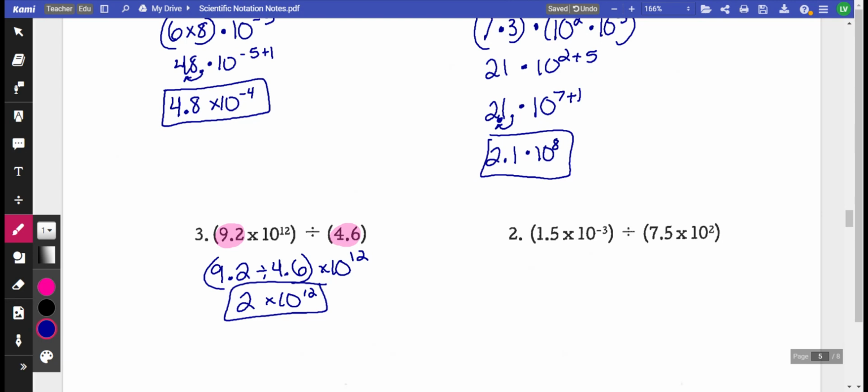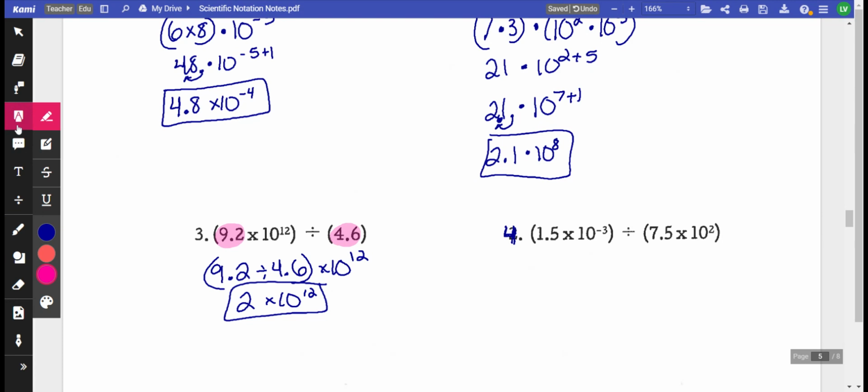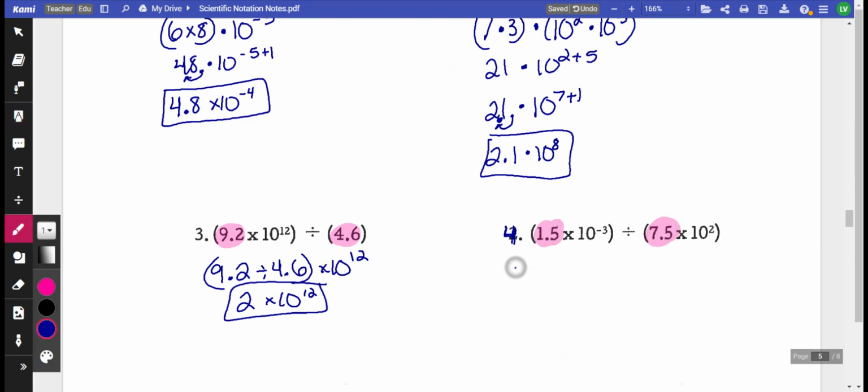Number 4. My apologies, that should say 4. We are going to divide our factors. So 1 and 5/10, 7 and 5/10. Which is going to give me 2/10. Then, I'm sorry, that should say times.